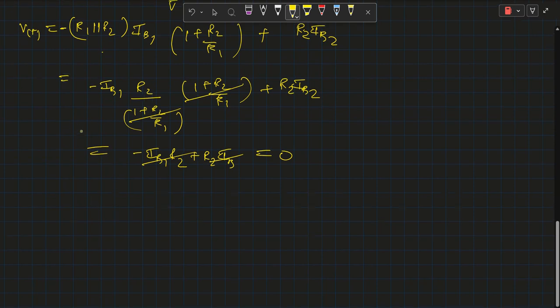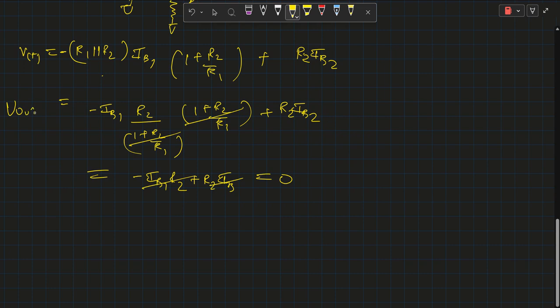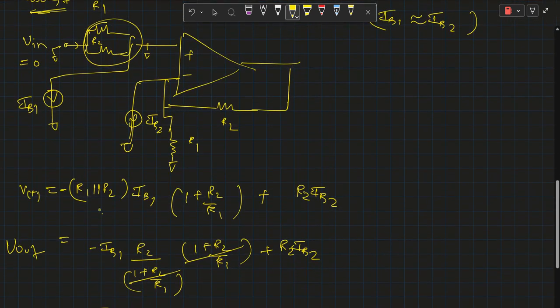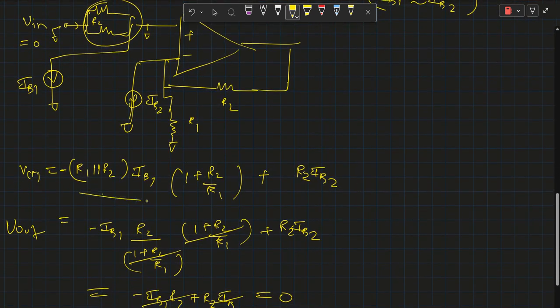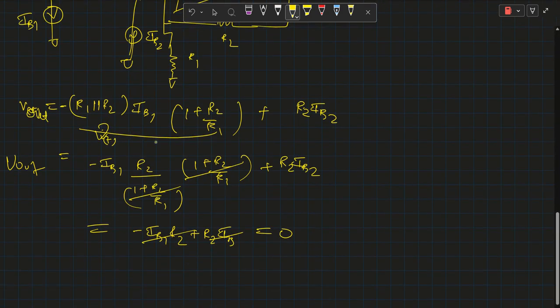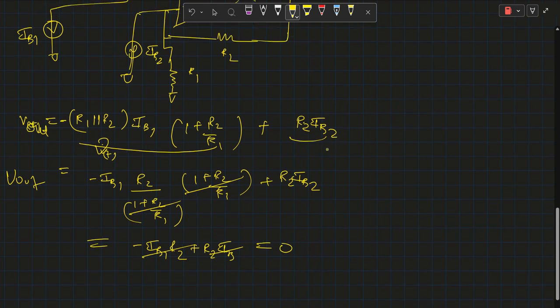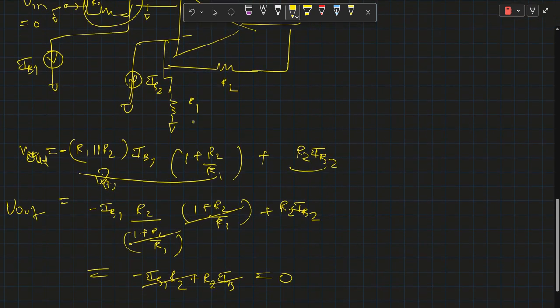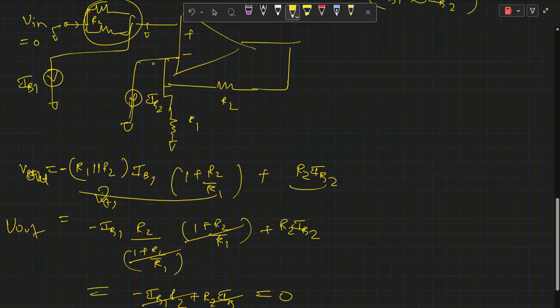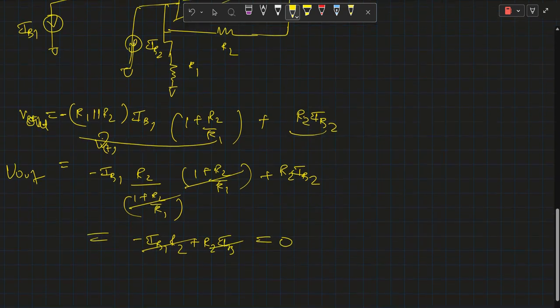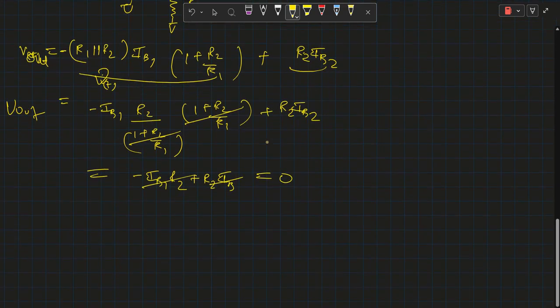It will eventually cancel out, and this is V out. This one is the positive terminal voltage when we are using the superposition theorem. So this is V plus and this is V out. Okay, and this is when V plus is off.